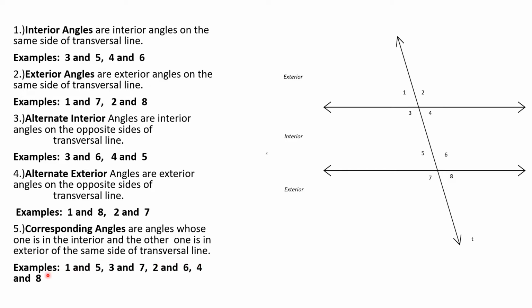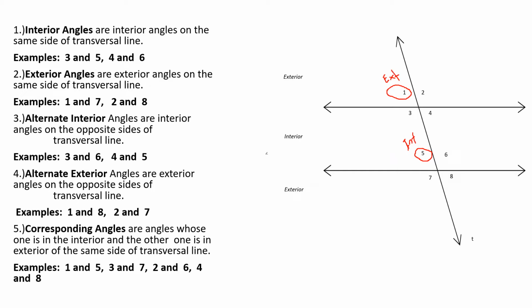So let us take this first example. We have here angle 1 and angle 5. Let us locate angle 1 in our figure. Angle 1 is our exterior angle. And then the other corresponding angle to that is an interior angle.